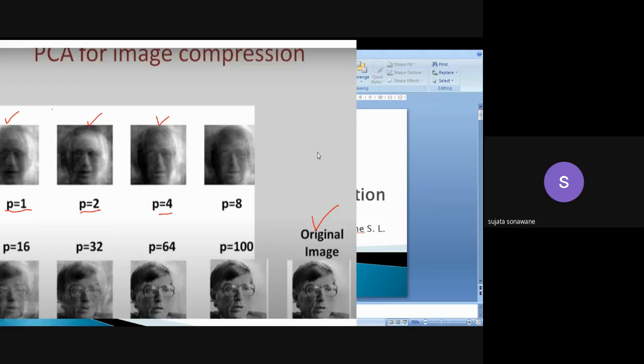Like this, we increase the number of principal components, and finally when p is equal to 100, you can see that this diagram is mostly similar to the original diagram. But this diagram has reduced principal components, and the number of features is reduced when p is equal to 100. So this is one example of image compression.